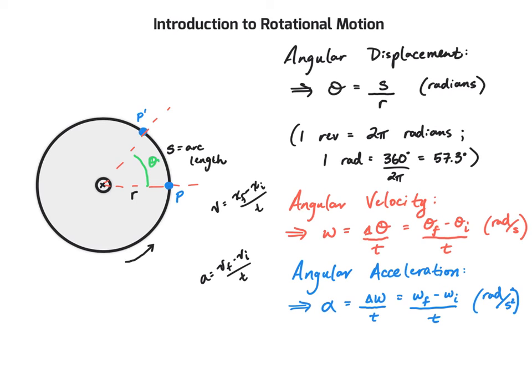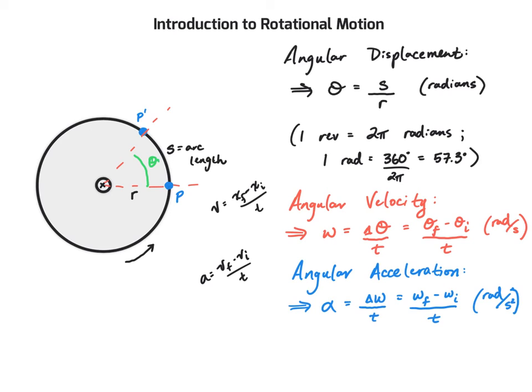Now rotational motion looks big and scary because we have all these new symbols. We're throwing in thetas, alphas, and omegas, but really they're the same equations as we had for 1D linear kinematics, except now we're just using these different symbols which get us into rotation as opposed to moving in a straight line.